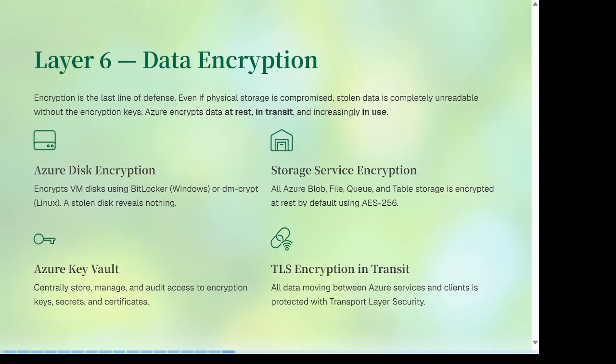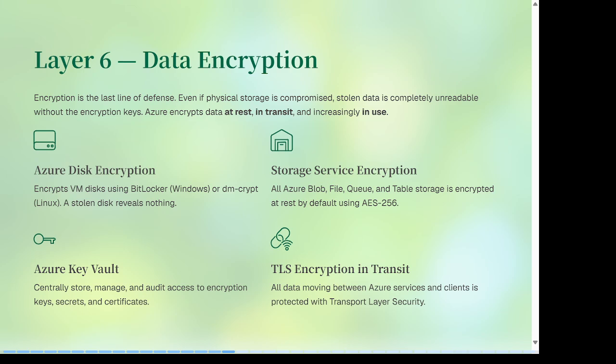Data encryption. Even if every other security layer fails, data security ensures your information is still protected.